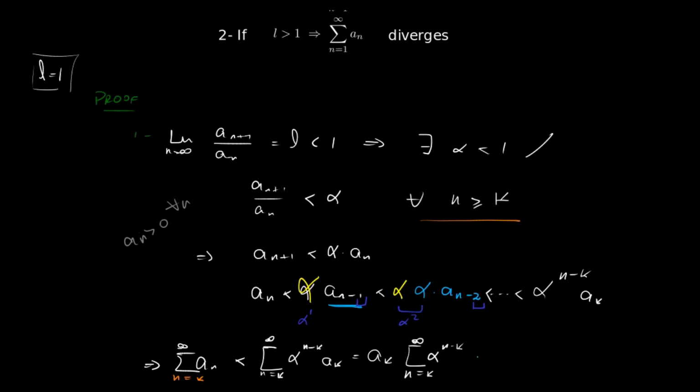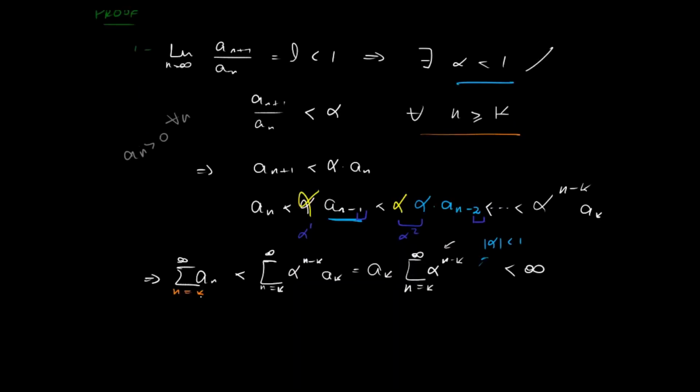And now, using that alpha is smaller than 1, as we said here, we know that this will be some number, but it's convergent, because this can be written as a geometric series, so it doesn't matter what the actual value is, but we know it converges.